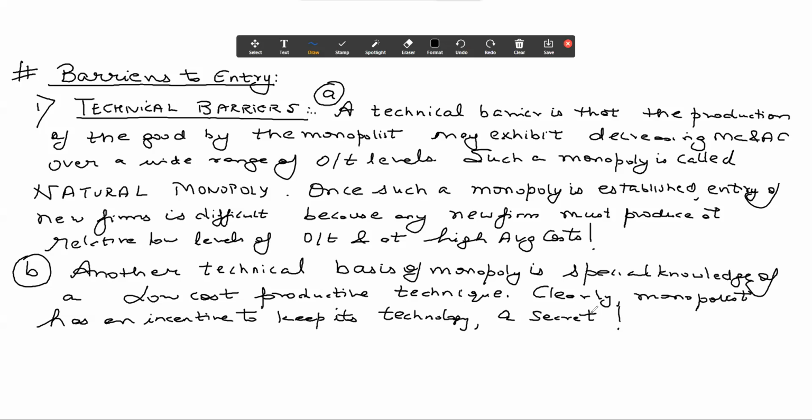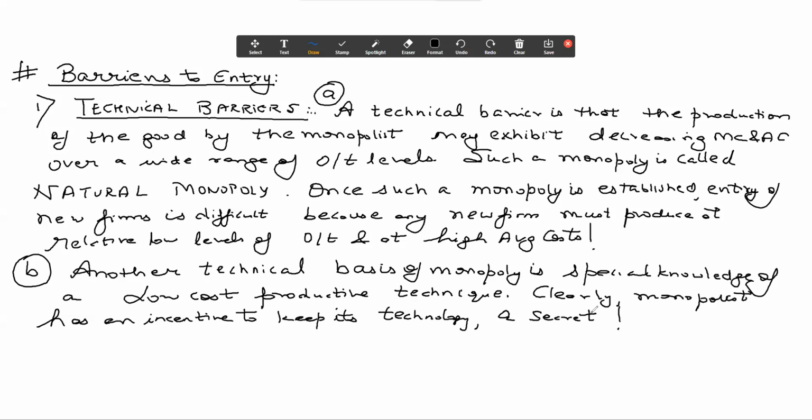Why? Because if a new firm enters, initially it will have to incur very high costs and manage with low output levels. So it will be very difficult for that firm to compete with the monopolist who has already captured the market and who is doing the production in bulk and whose costs are also falling because of economies of scale.